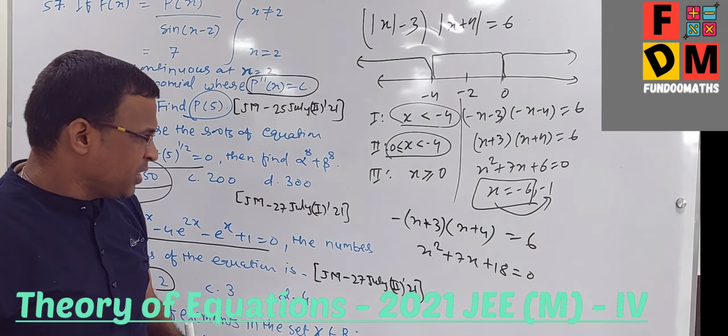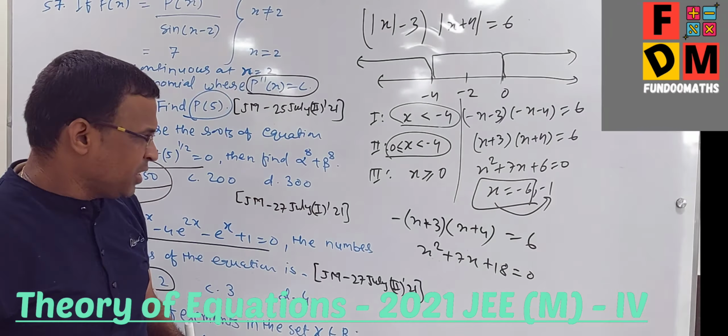Fine. Positive. That's simple. Is this positive? So (x minus 3)(x plus 4) is positive, is equal to 6. That is x squared plus 4x minus 3x minus 12 minus 6, minus 18, isn't it? Fine.